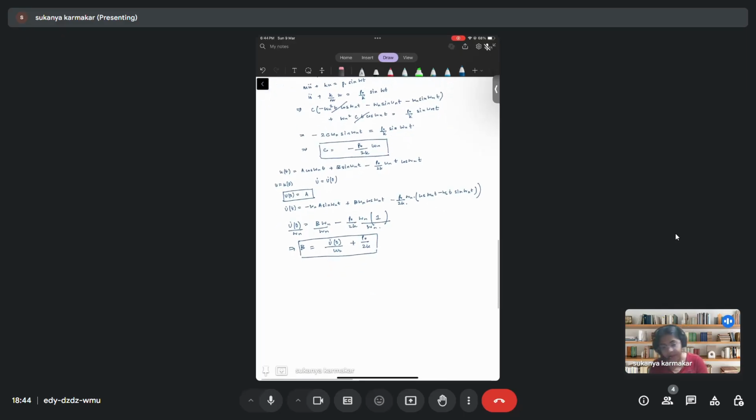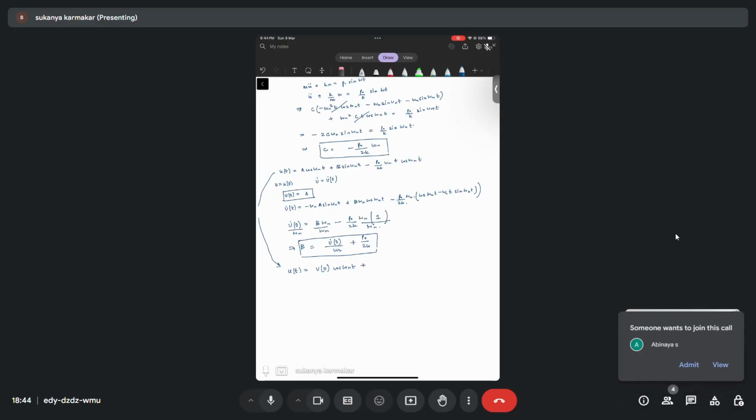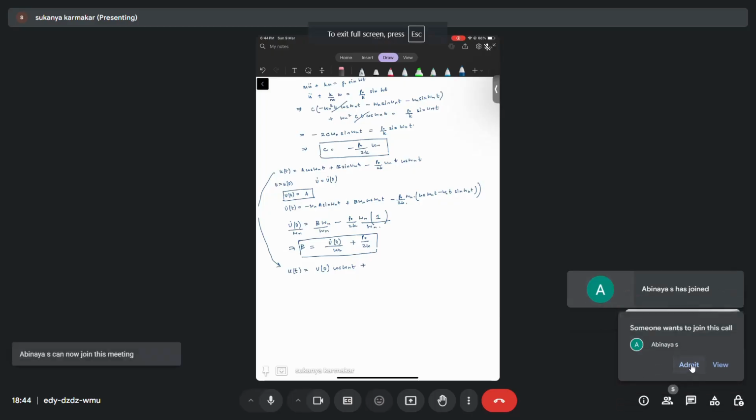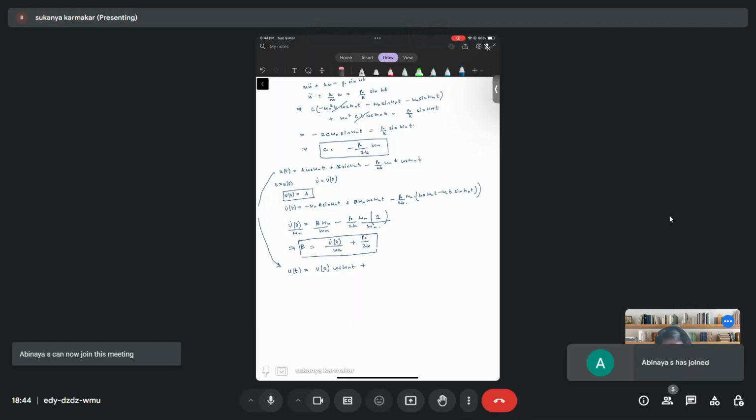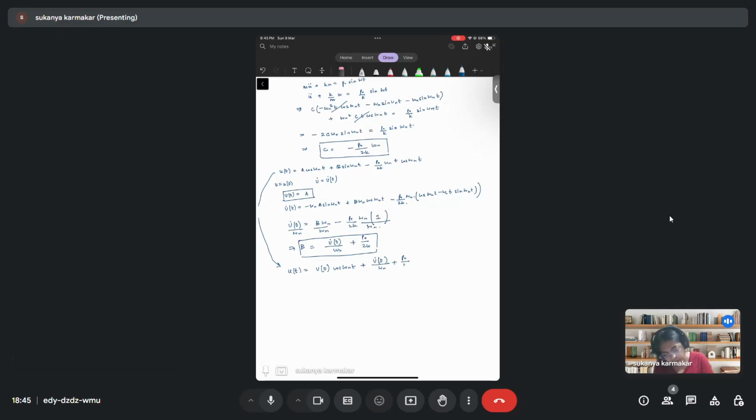If I write down my complete solution, u of t is u0 cos of omega n t, I'm rewriting this equation, plus u dot 0 by omega n plus p naught by 2k, sine of omega n t, minus p naught by 2k omega n t cos of omega n t.